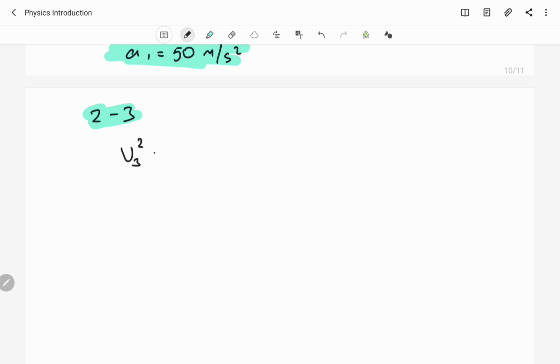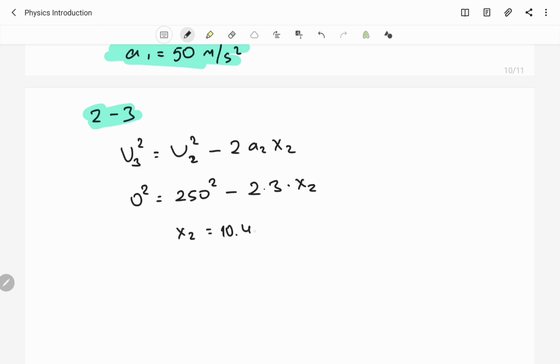Final velocity squared equals initial velocity squared, which is v2 squared, minus 2 times acceleration times x2. Why do I use a minus sign? Because of deceleration, because velocity decreases, that's why we use the negative sign. Final velocity 0, initial velocity for point 2 is 250, acceleration is 3, times x2. So x2 equals, from here, approximately 10,416 meters.